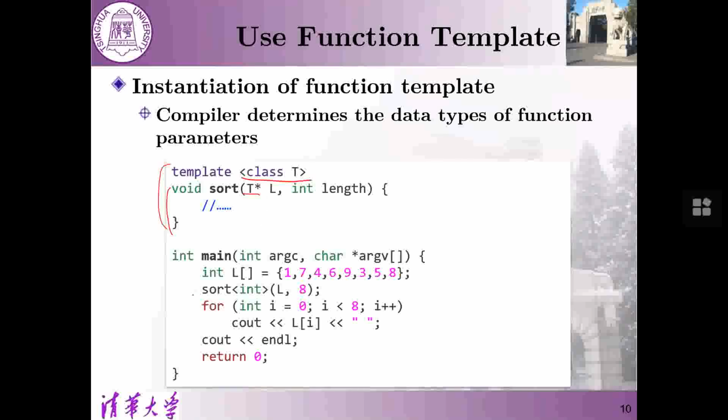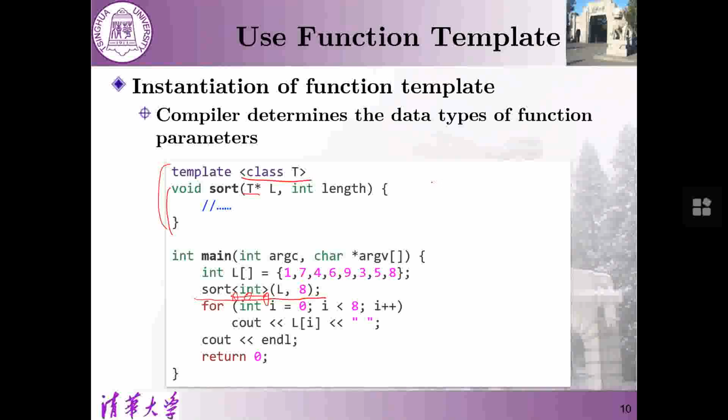Then we call the function in this way. This is the grammar for calling a function template. We provide the type as a parameter in angle brackets. Then, during compilation, the compiler will generate a function instance.